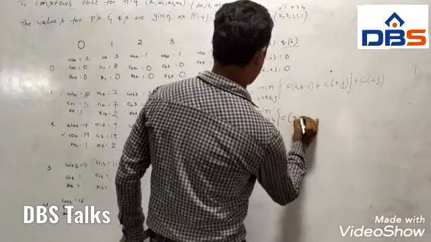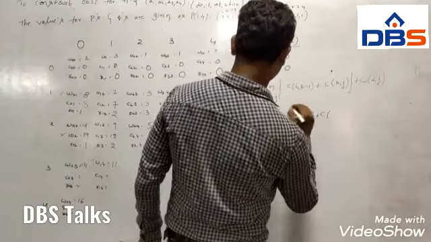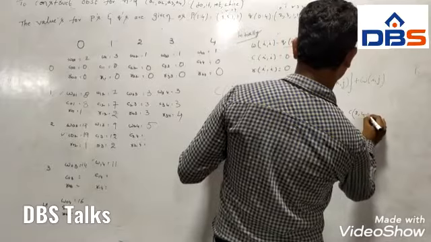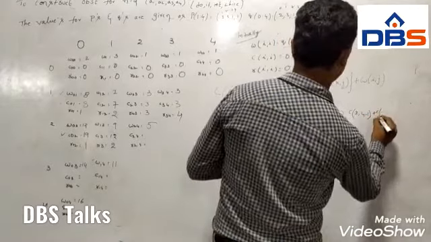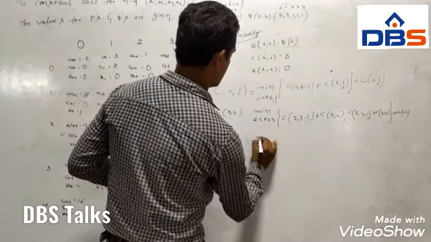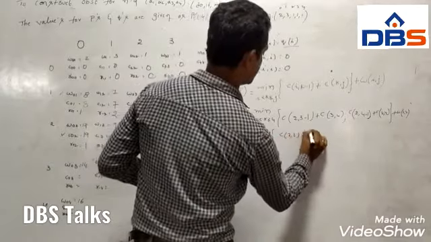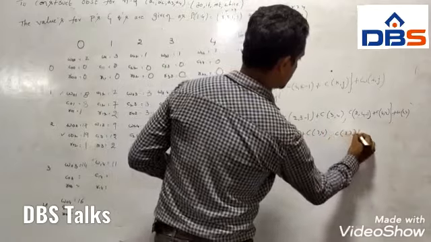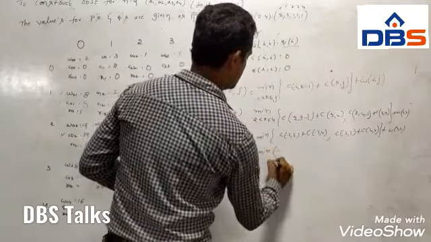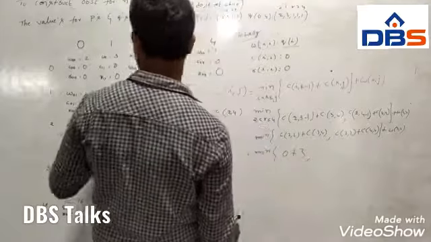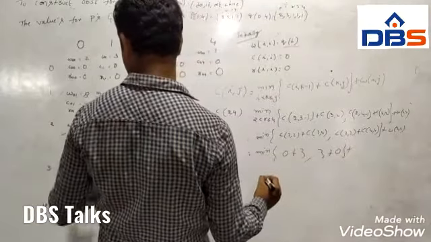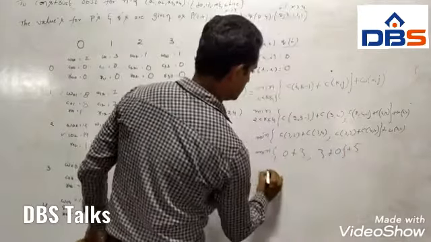See, C of 2 comma 3 minus 1 plus C of 3 comma 4 comma C of 2 comma 4 minus 1 plus C of 4 comma 4 plus W of 2 comma 4, that equal to min C of 2 comma 2 plus C of 3 comma 4 comma C of 2 comma 3 plus C of 4 comma 4 plus W of 2 comma 4, that equal to min 0 plus C of 3 4 3 comma C of 2 3 3 plus 0 plus W of 2 4, 5. That equal to 3.